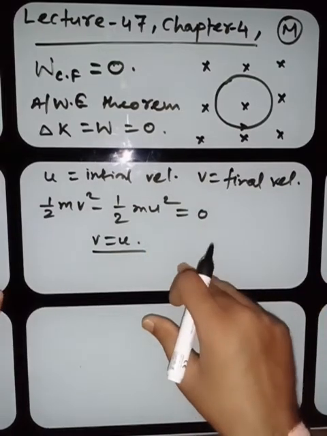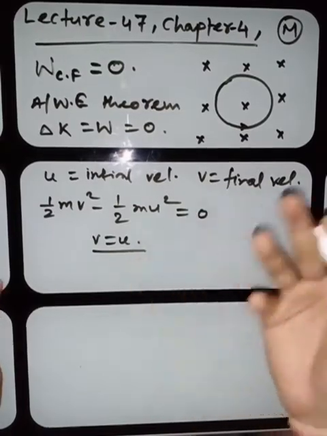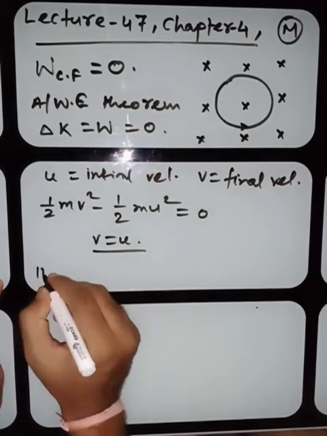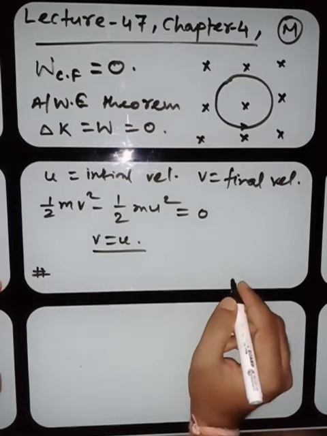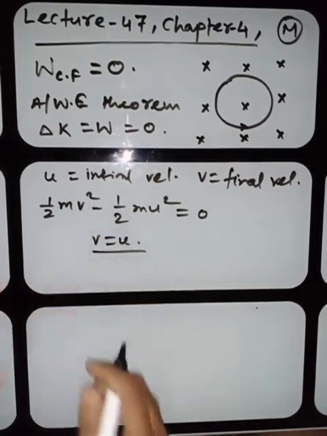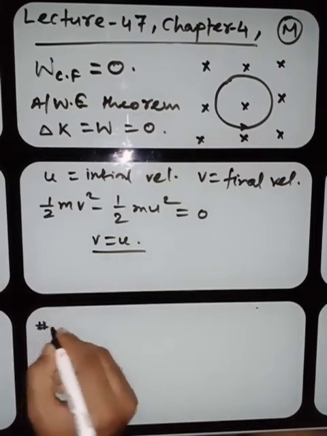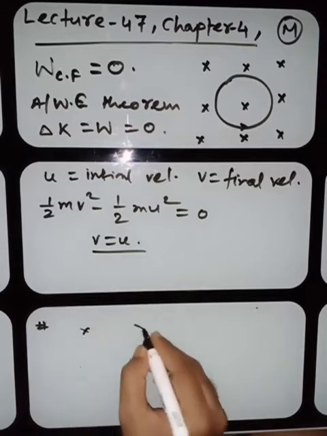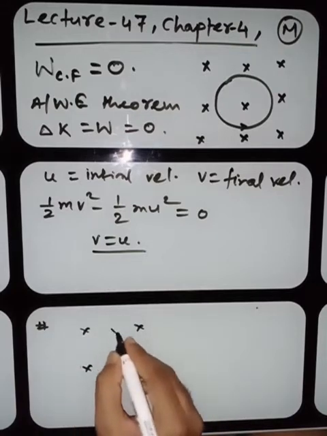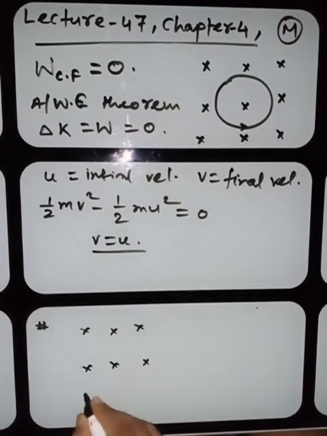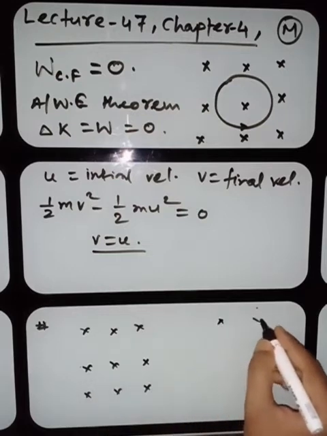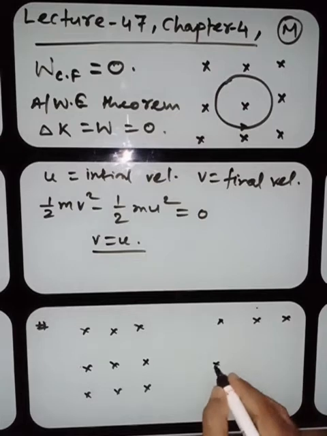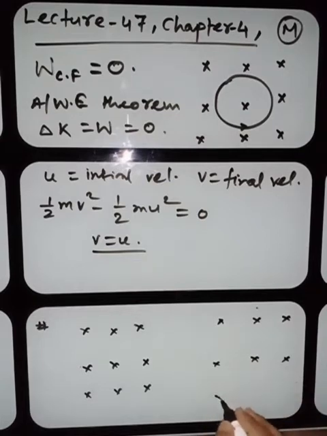Now the next important point you should remember. If you project a charged particle in the magnetic field space, I hope you understand the direction of this magnetic field. It is perpendicular, inward to the plane of paper.